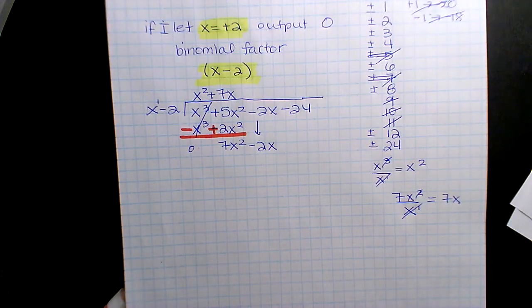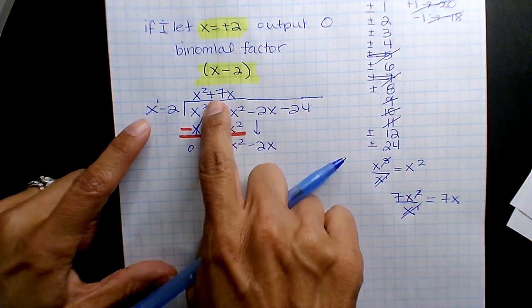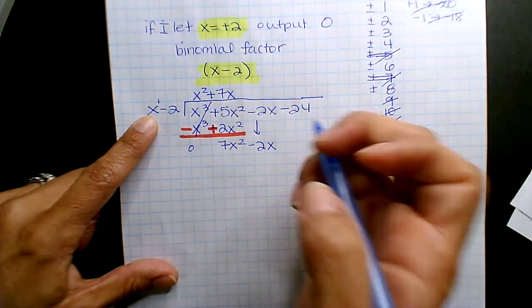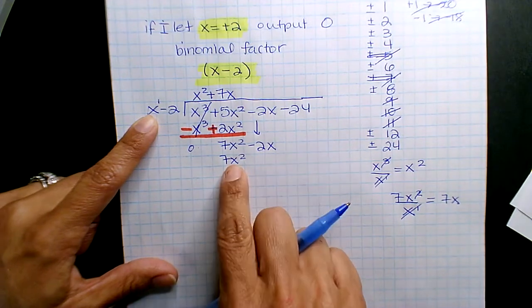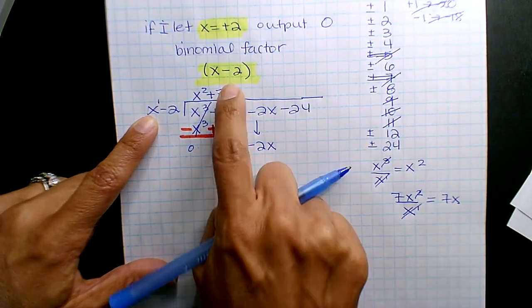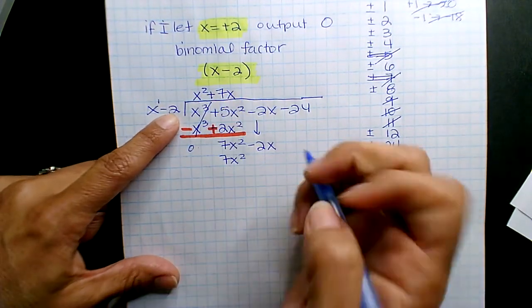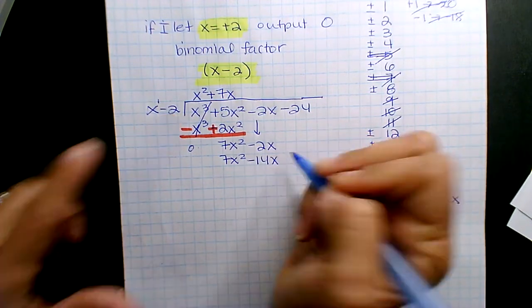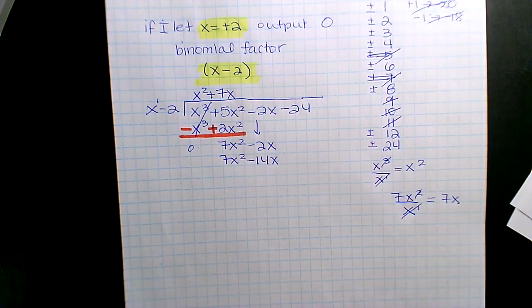And now distribute. So 7x times x is 7x squared. It's perfectly identical. 7x times -2, -14x. And now you're going to switch the sign.